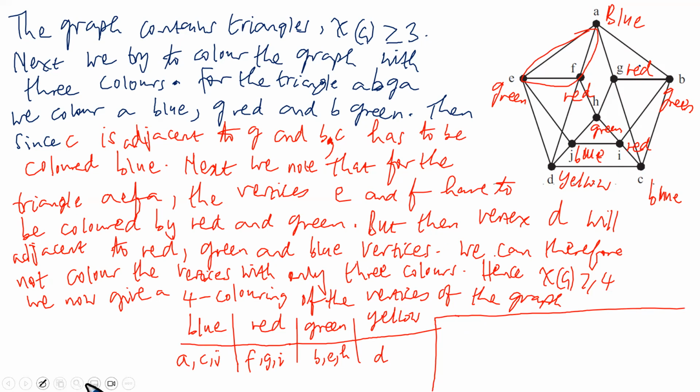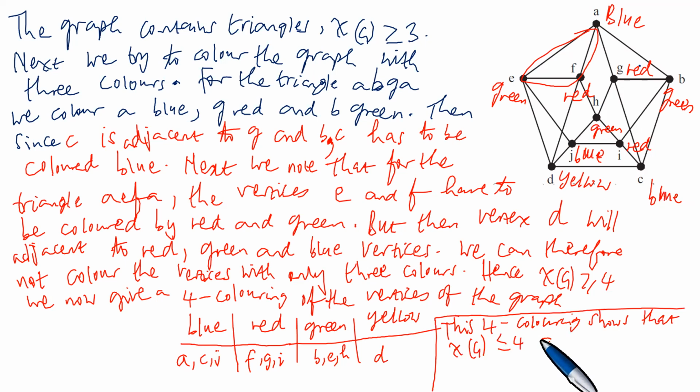These colorings show that chi of G, which is the chromatic number of G, is 4 or less. Okay, so we needed 4 colors or less.